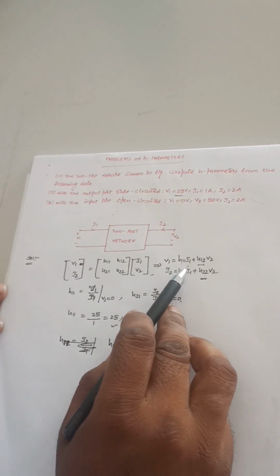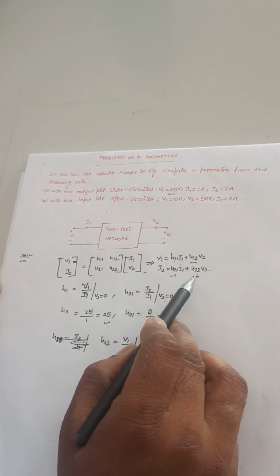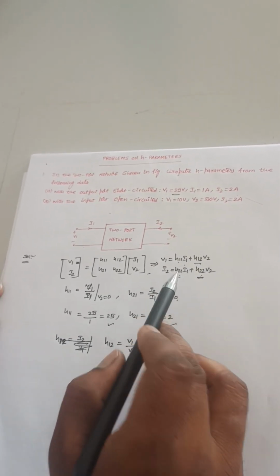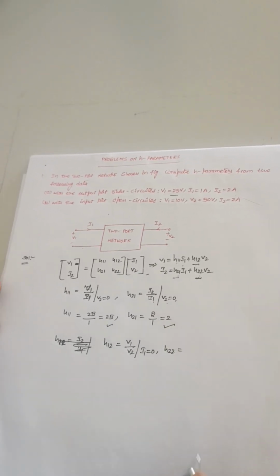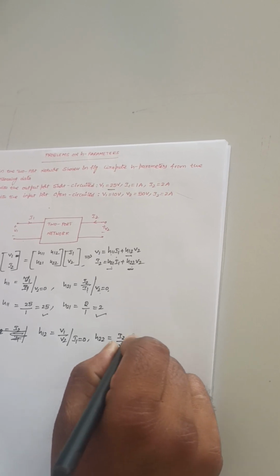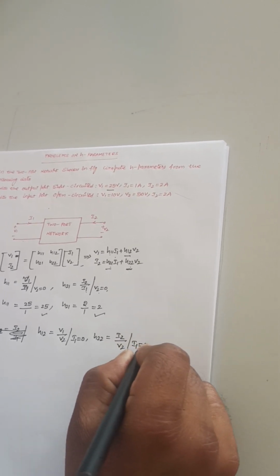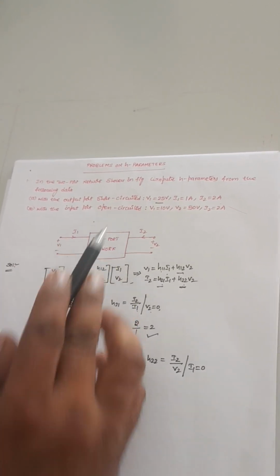If I make I1 equal to 0, I can calculate H12 as V1 by V2. H22 is equal to I2 by V2 at I1 equal to 0. I1 equal to 0 means the input port is open circuited.